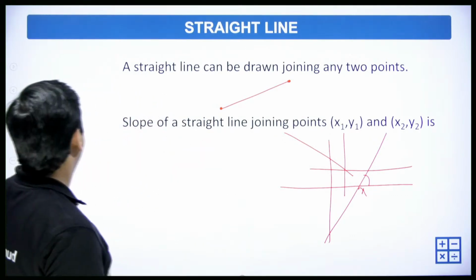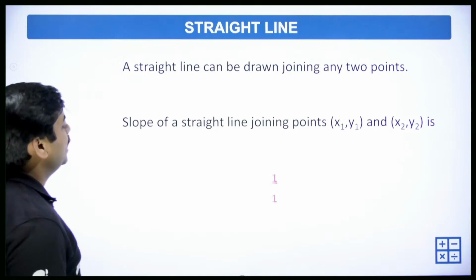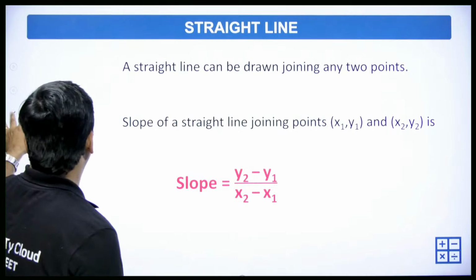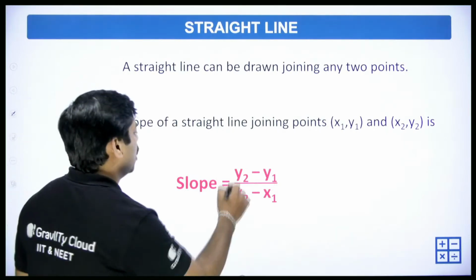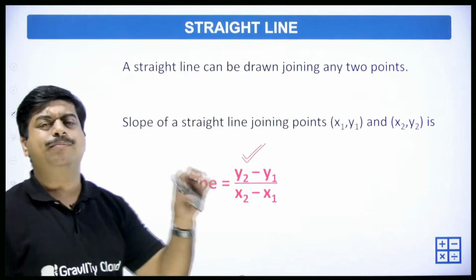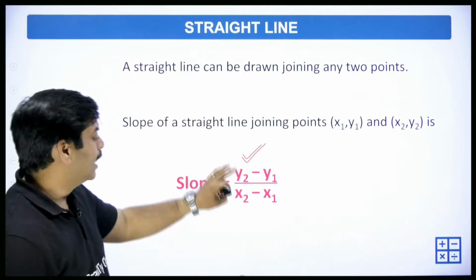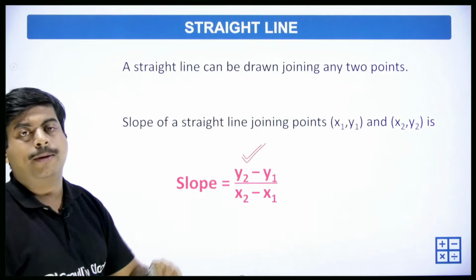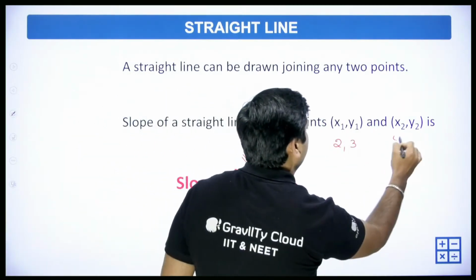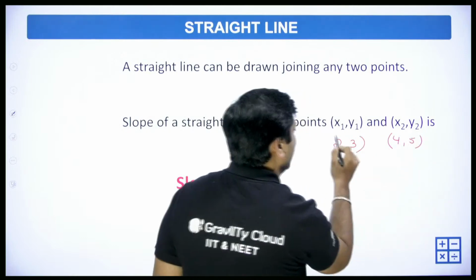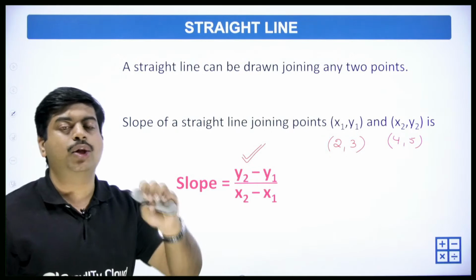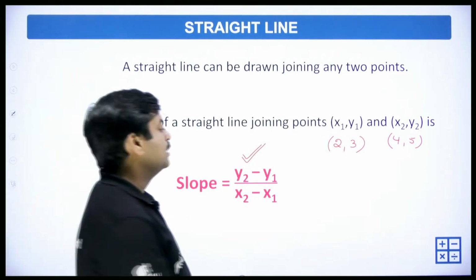The slope of a line joining 2 points is given by slope is equal to y2 minus y1 by x2 minus x1. This is a very important and very useful formula. I'll give you a simple, straightforward example: find the slope of the line joining the points 2, 3 and 4, 5.